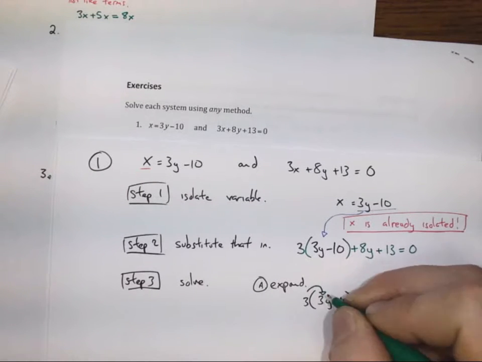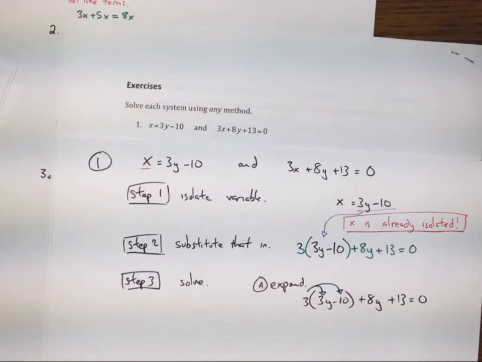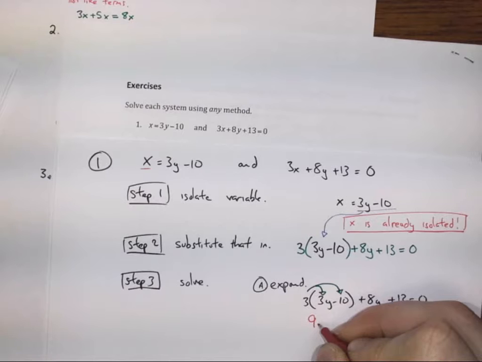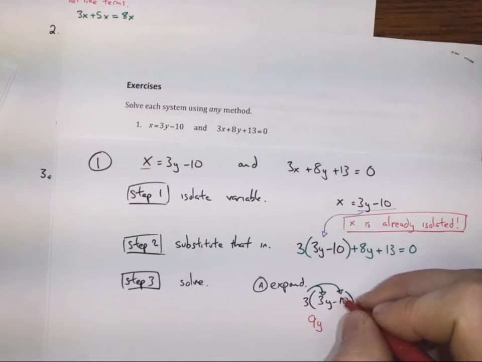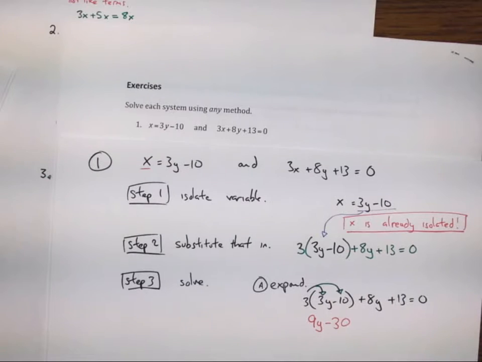So 3 goes into both of these guys here. And then I get 3 times 3y, which is 9y. And I get 3 times negative 10, which is negative 30. And I'll write the rest of the expression like so. Plus 13 equals 0.